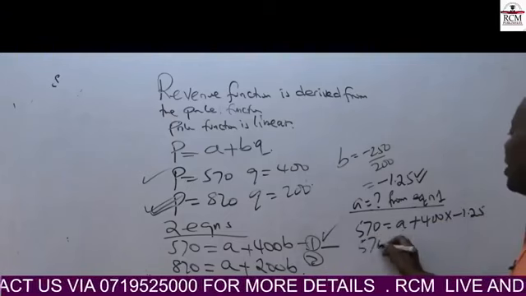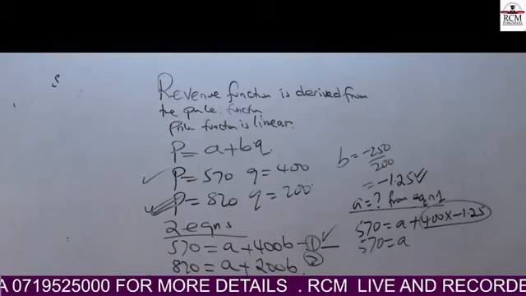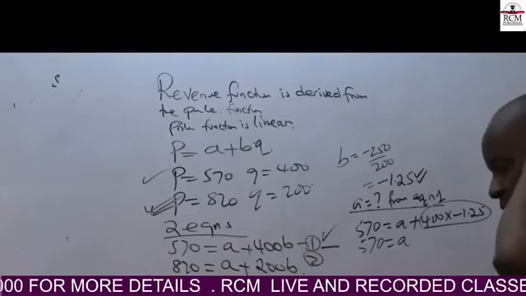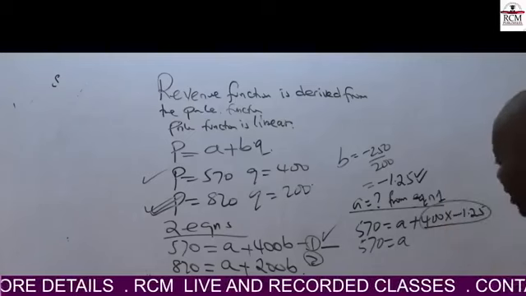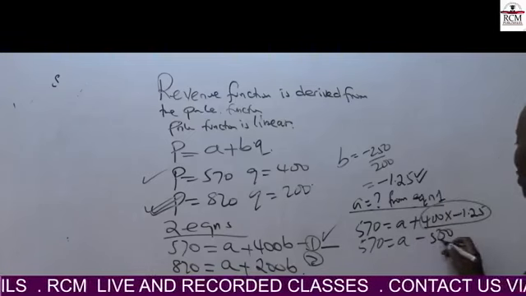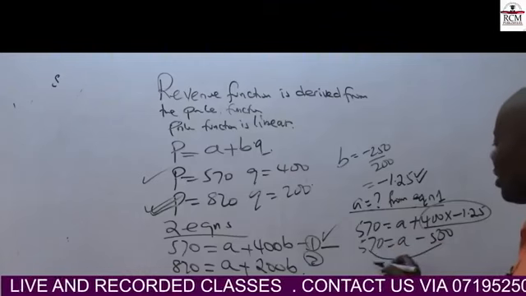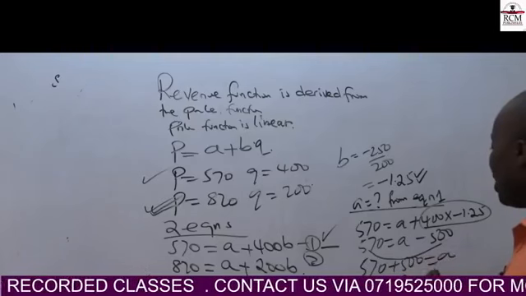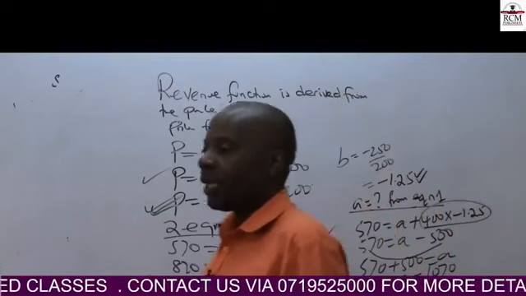So 570 will be equal to A plus this multiplied, which gives minus 500. Please take this to the other side, so it becomes positive. Therefore, it will be 570 plus 500 equals A. Therefore, A is 1070.